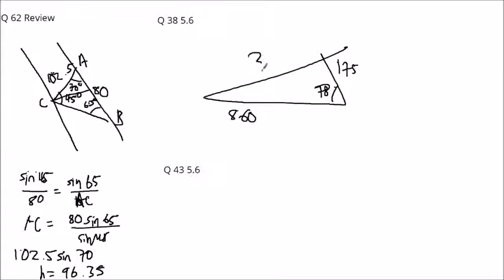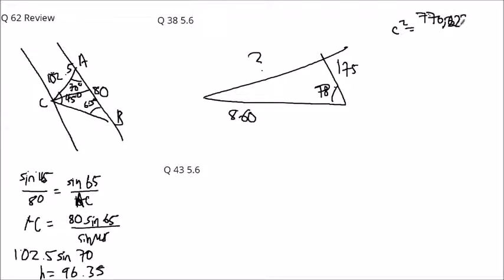So what's this? So this is just c squared equals 860 squared plus 175 squared. Let me input those onto the calculator. 860 squared plus 175 squared, which is 770,625.